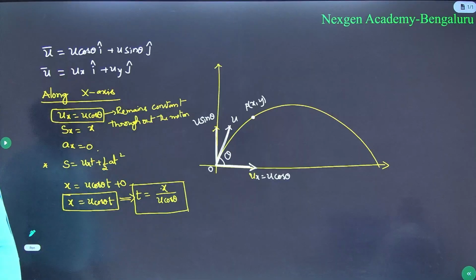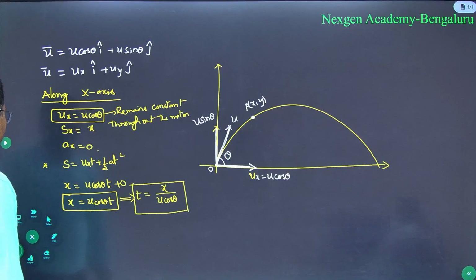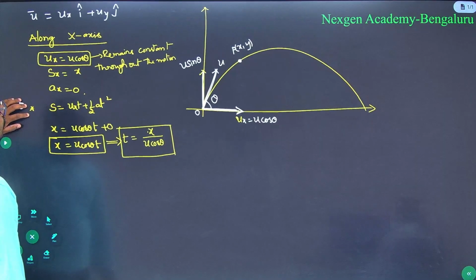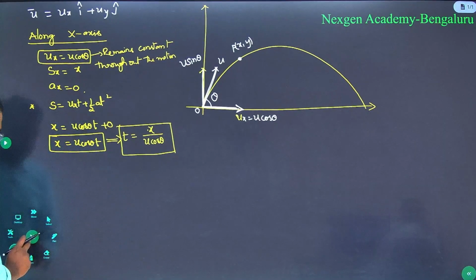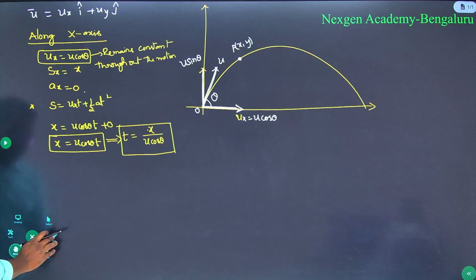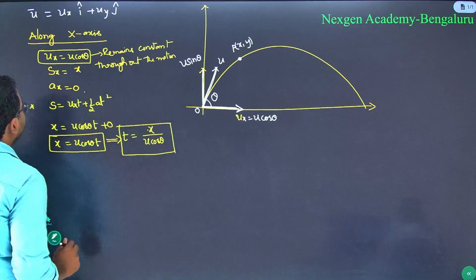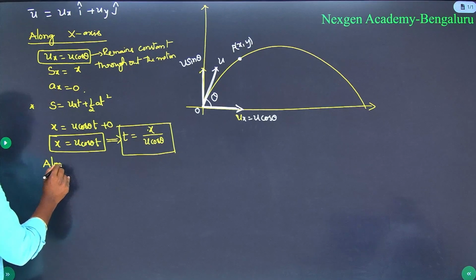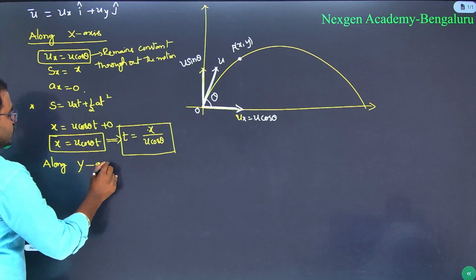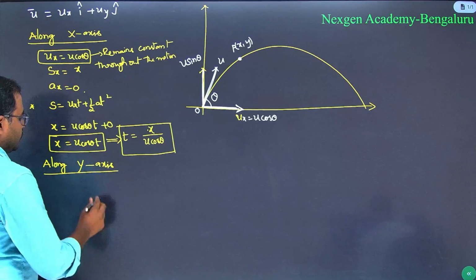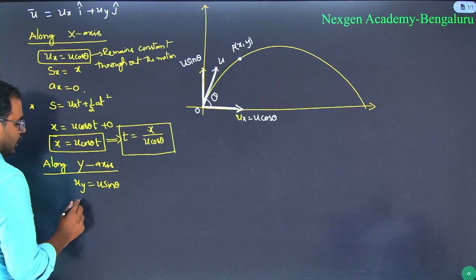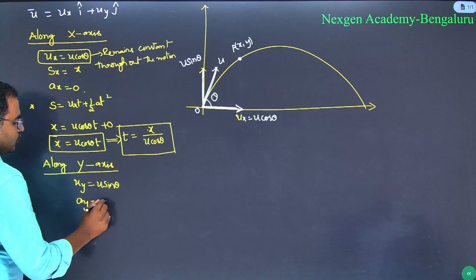Okay then. When it comes to the vertical direction, I'll take the y-axis. Along the y-axis, initial velocity uy is equal to u sin theta and acceleration ay is equal to minus g.